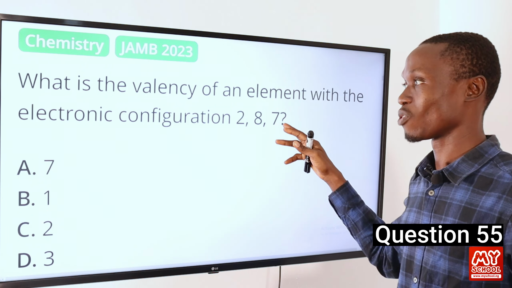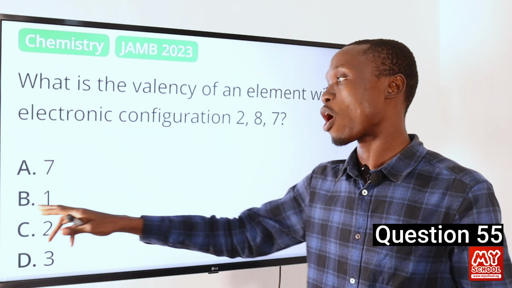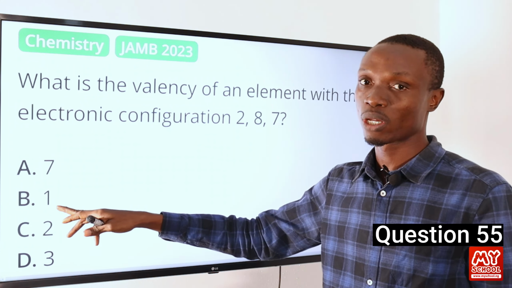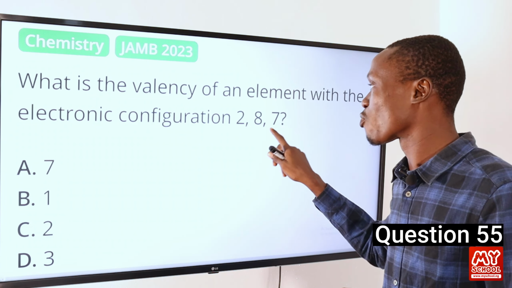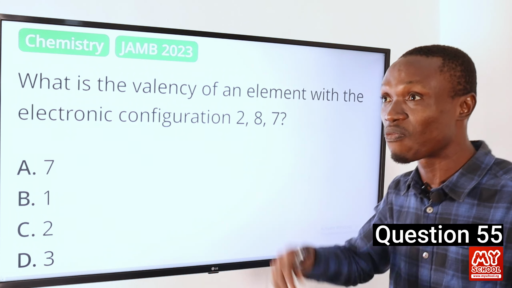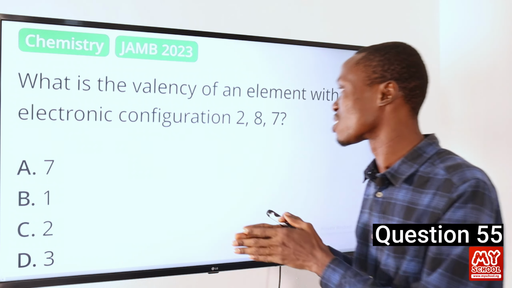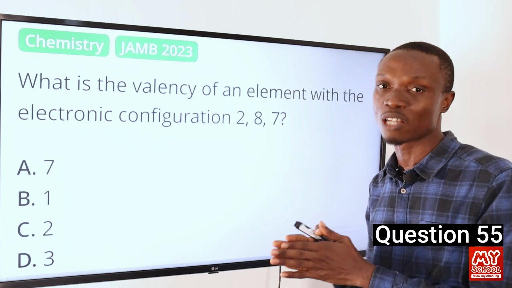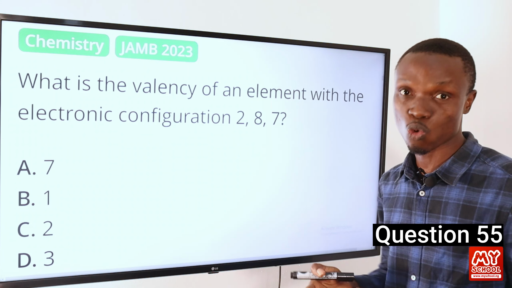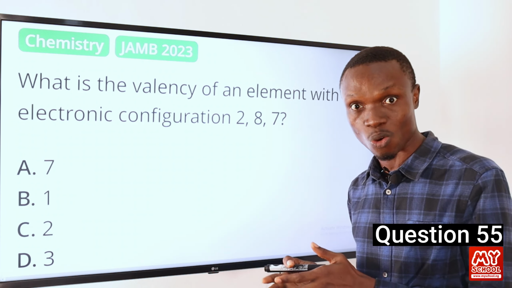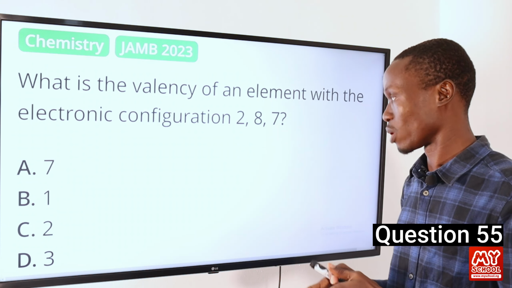Will be 8. So option A will have 7. No, it cannot be 7, while option B we have 1. The reason why it cannot be 7 is because it will be very difficult for chlorine, which is a non-metal, to give out 7 electrons, because the essence of this whole thing is that chlorine wants to obtain that noble gas structure, which is having either just 2 electrons on its outermost shell, or 8 electrons on its outermost shell.